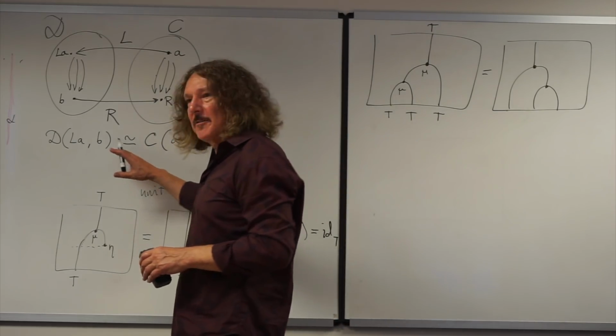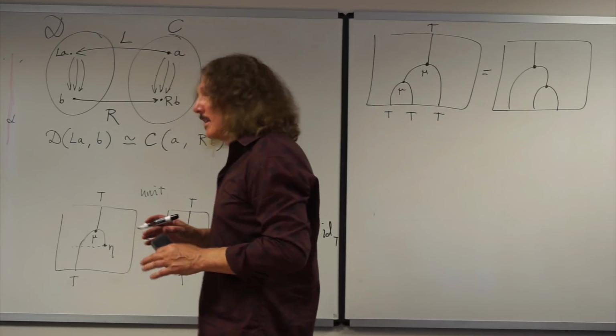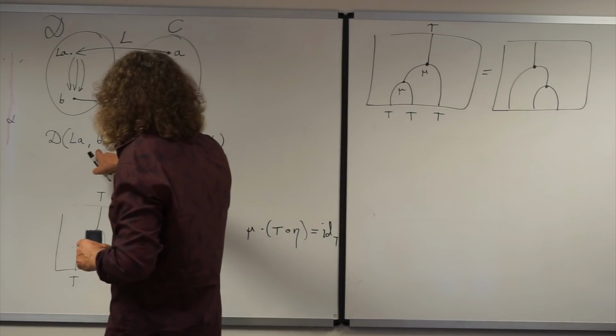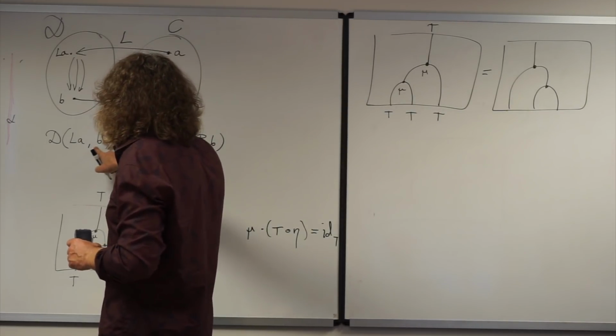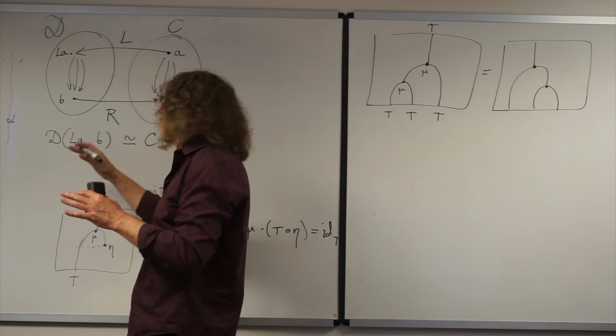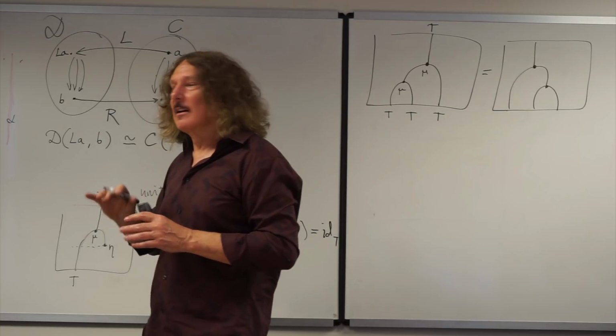Except that there is another formulation of adjunction that's based on unit and co-unit. Since this works for every A and B, and in fact it's natural in A and B, okay? This is like an additional thing: you have to check that this is natural in A and natural in B.